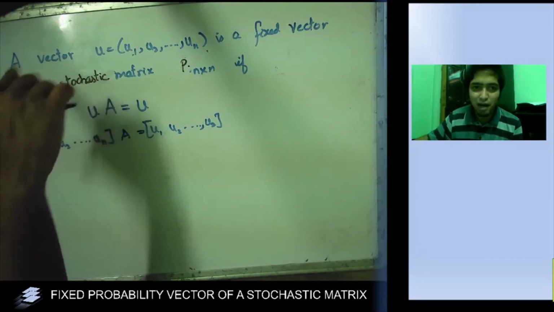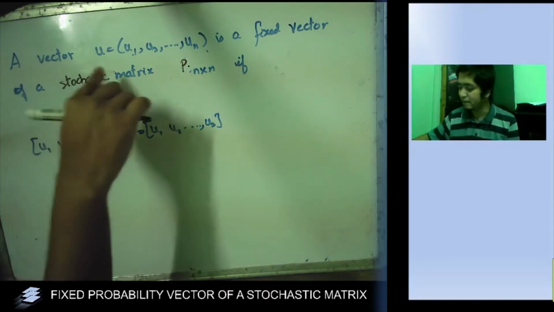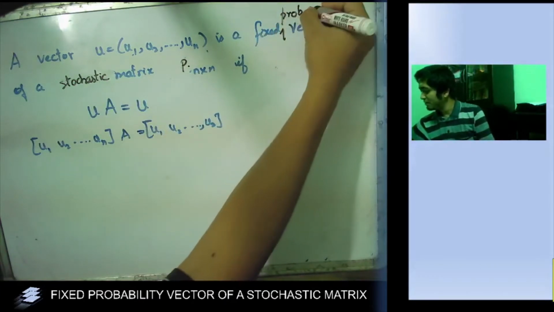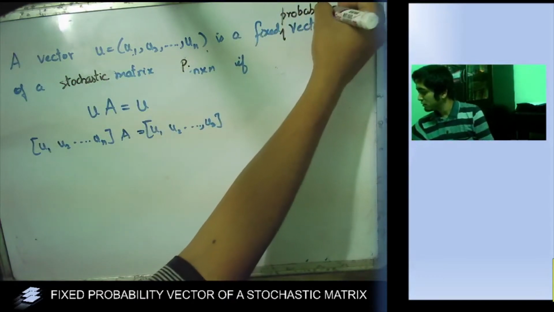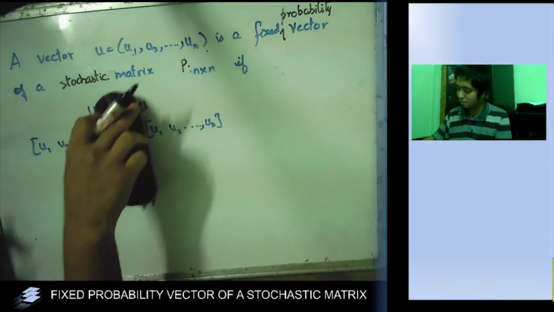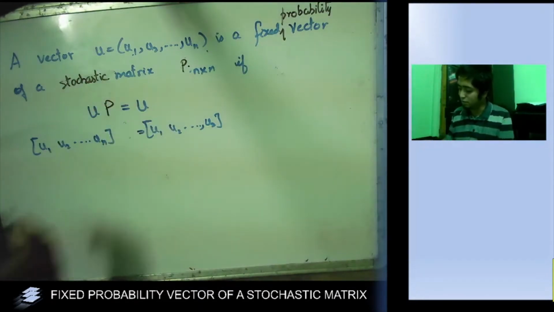We are more interested in a fixed probability vector. A vector u is a fixed probability vector of a stochastic matrix P if the same definition holds, uP is equal to u.